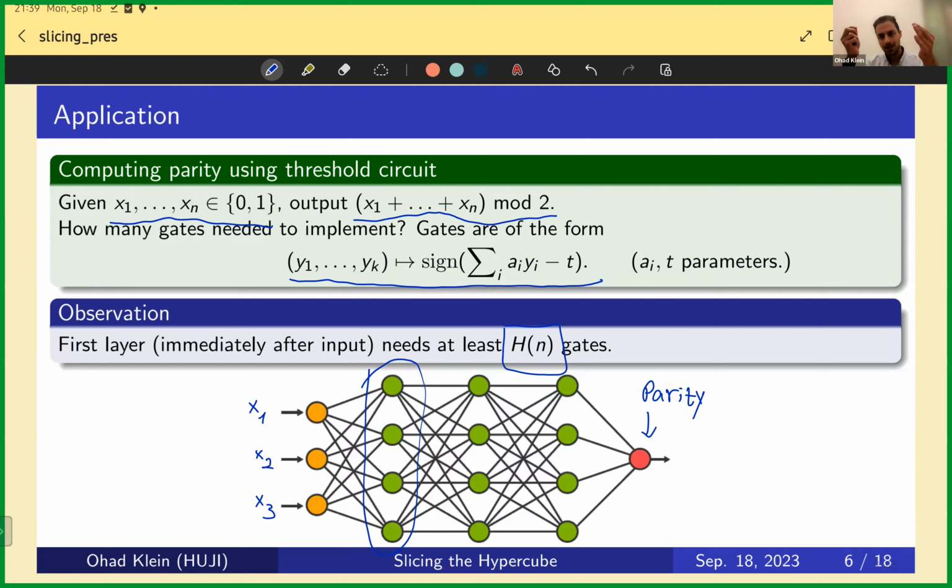And because two inputs which differ by only one coordinate must have different parities, this cannot happen. So this is one example. There are some other less direct applications for this problem, which, as far as I know, go around the problem of computing parity using threshold functions.